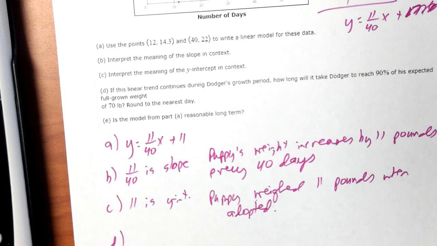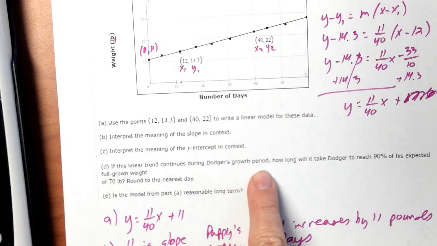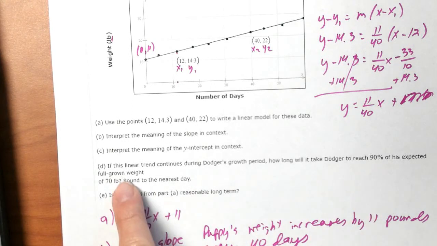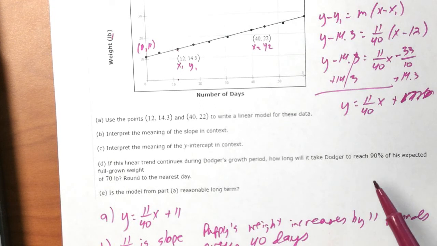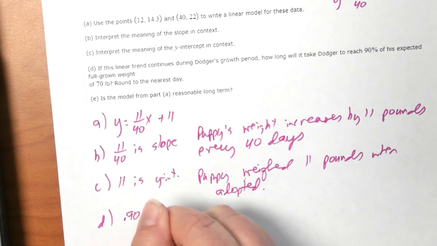Okay. Part D, if this trend continues during Dodger's growth period, how long will it take Dodger to reach 90% of his expected full-grown weight of 70 pounds? In other words, when Dodger is a full-grown dog, he's going to weigh 70 pounds. When will he get to 90% of that? Well, first I need to know what 90% of 70 pounds is.